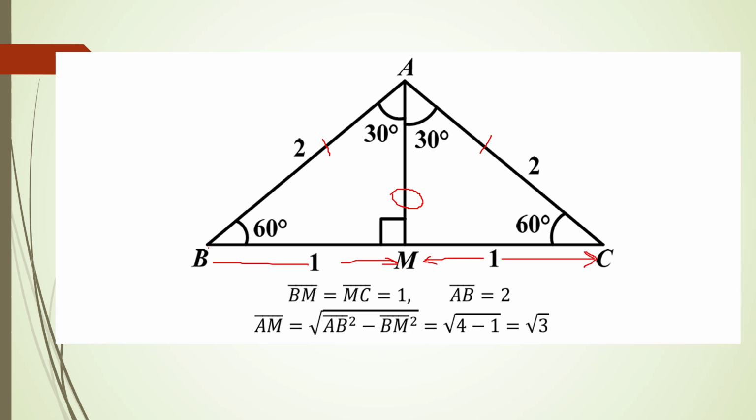With that, we label everything, and now we have got two right-angled triangles: right-angled triangle A and right-angled triangle B. For triangle A, the base BM is 1 unit, and for triangle B, the base MC is also 1 unit.